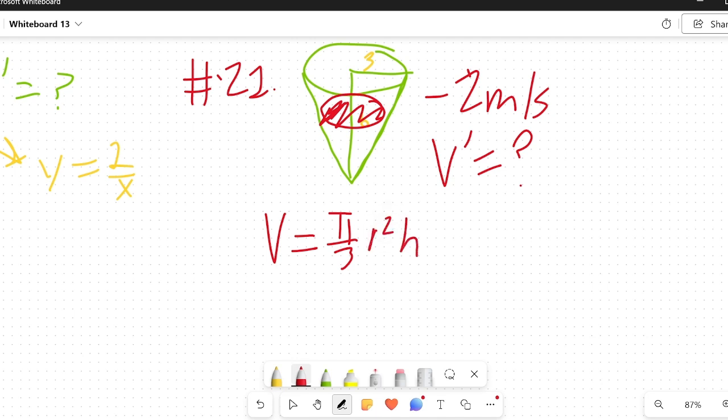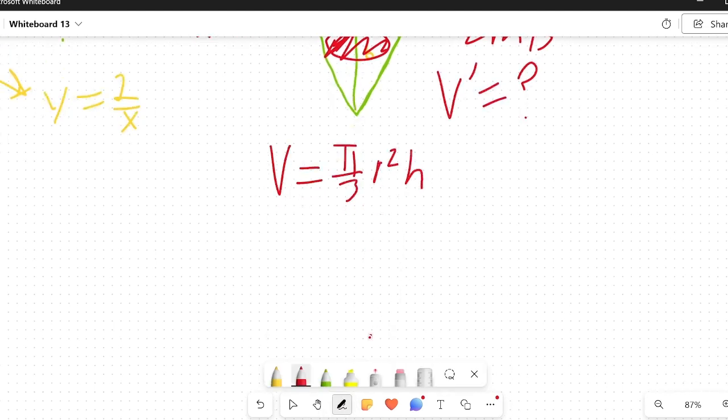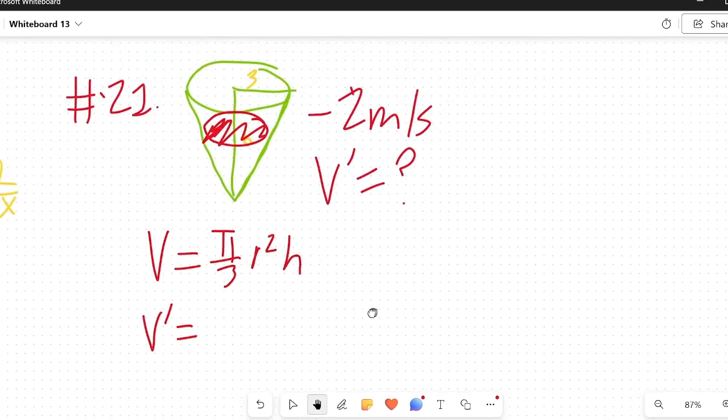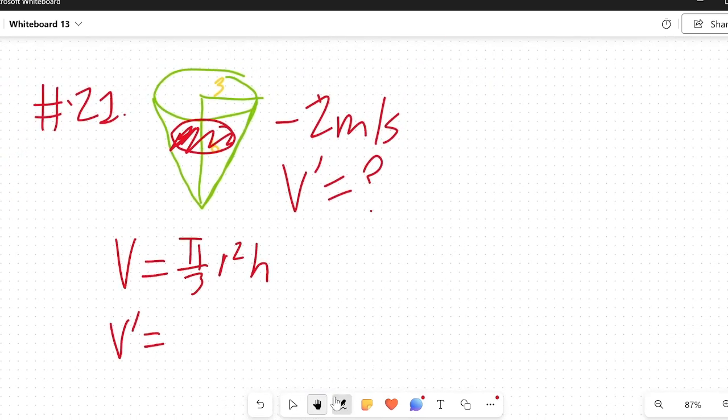Now if we take the derivative of this using implicit differentiation, we get V prime, and V prime is already isolated on one side, so that's good. Actually, what is V prime at the time where the radius is equal to 2?